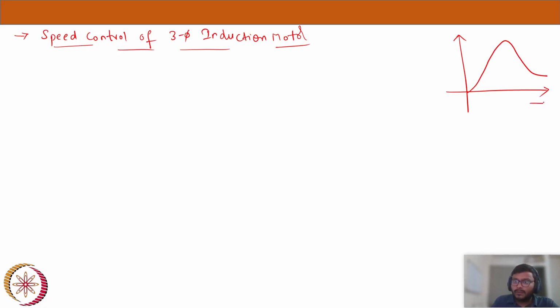Now from here to here, we know it is slip and it is torque. Slip is increasing on this side and this side is speed. So this is the starting torque TST, and this is the maximum torque TEM, and this is the slip at which the maximum torque occurs.